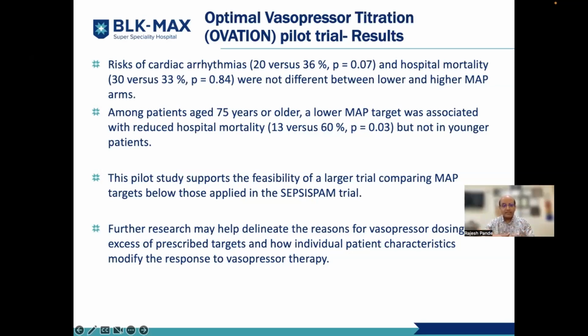And they also say that further research may help delineate the reasons for vasopressor dosing in excess of prescribed targets and how individual patient characteristics modify the response to vasopressor therapy. That means we are still not sure whether it should be age-based or it should be individualized, or it should be one, single value of 65, because we found less is also good and more is also good.